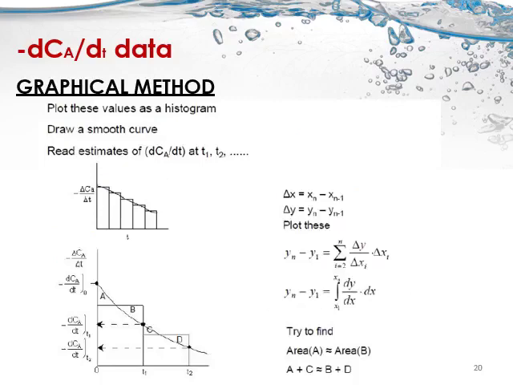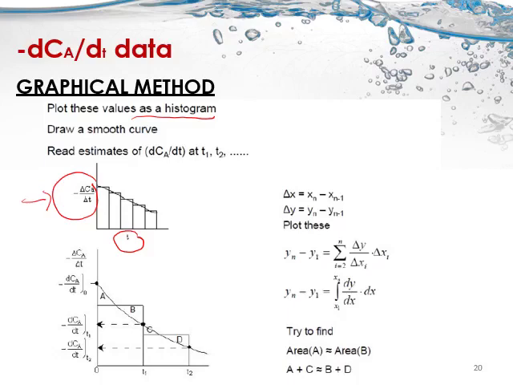By the graphical method, before the last column you have delta CA divided by delta t, and you are going to plot a histogram, with negative delta CA over delta t as the y-axis and time as the x-axis.